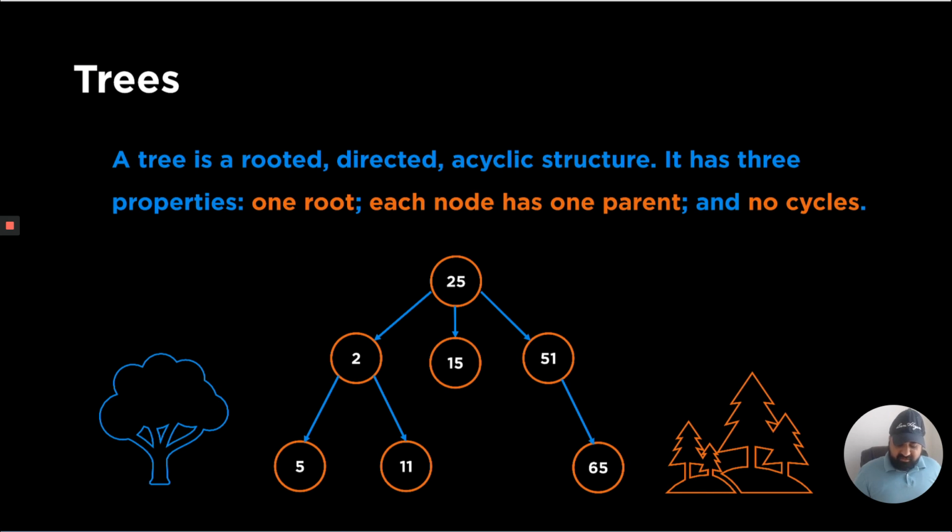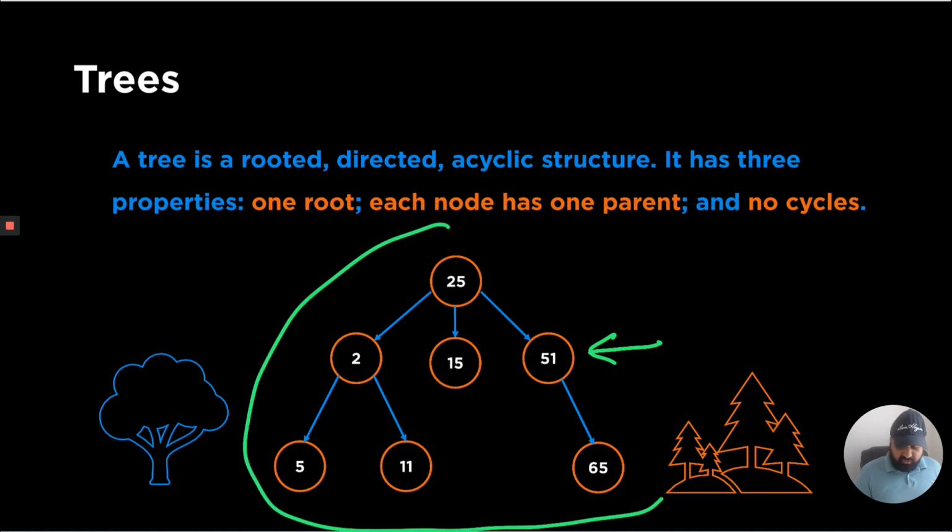So here in the example, you can see a tree. One important point to note is that it can have any number of children. This tree shown here satisfies all three properties. It has one root element, which is 25. Each node has one parent: 2 has one parent, which is 25. 15 has one parent, which is 25. 51 has one parent, which is 25.